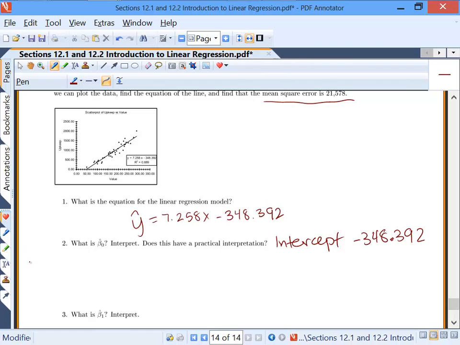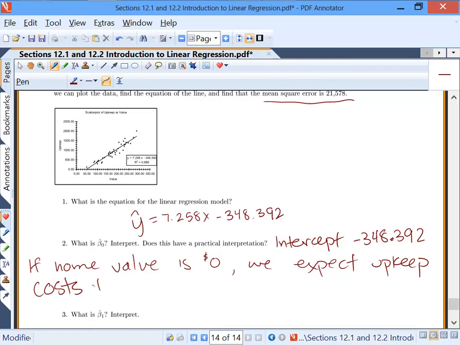So this would be something like if the home value is $0, we expect the upkeep cost to be negative $348.392.